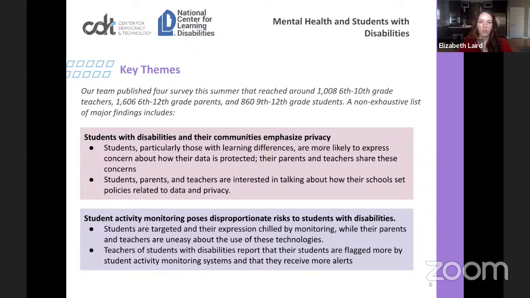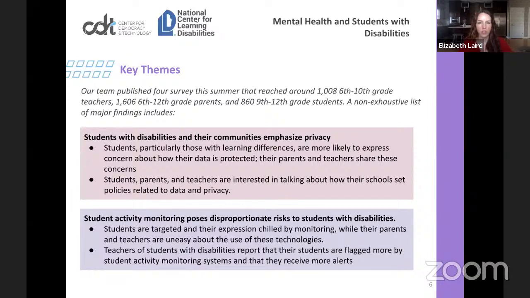When it comes to the issues of mental health and students with disabilities, our newly released research breaks those down into 2 main findings. The first one is that we're seeing in our data that students with disabilities and their communities, whether it's their parents or their teachers, place a greater emphasis on privacy.